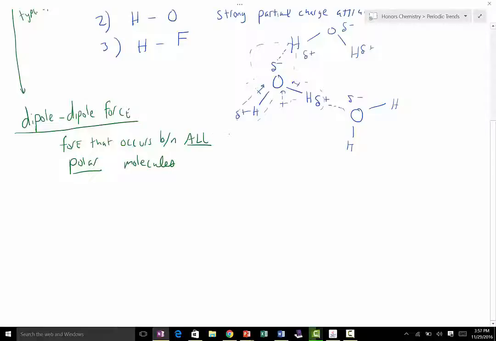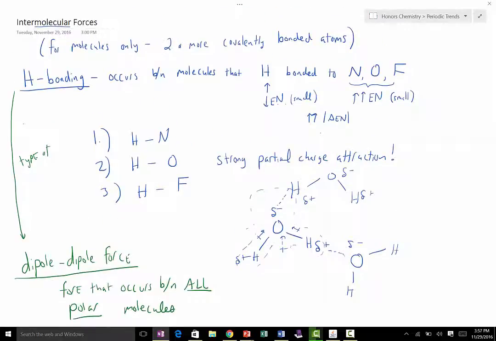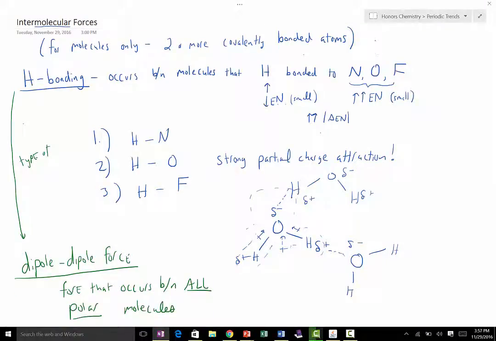So hydrogen bonding occurs between molecules that are hydrogen bonded to one of those three things. Of the three types that we're going to talk about today, this is the strongest. So I'm going to go ahead and put on here, this is the strongest.